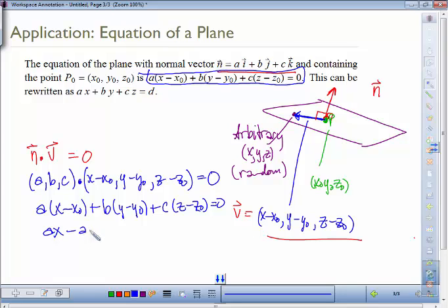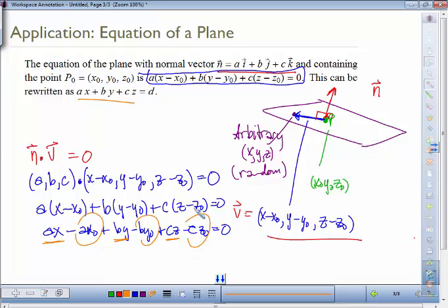AX minus AX naught plus BY minus BY naught plus CZ minus CZ naught is equal to 0. Now let me just focus on what I want my left-hand side to be, and imagine taking everything else over to the other side as my right-hand side.